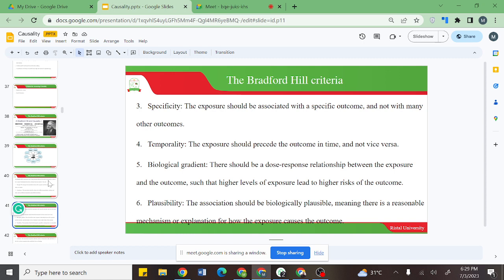Biological gradient is to do with what we call the dose-response relationship between an exposure and the outcome of interest. The higher the exposure, the higher the likelihood of the outcome.